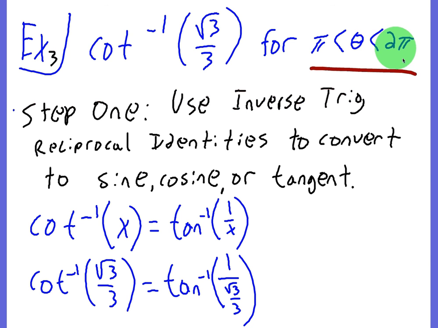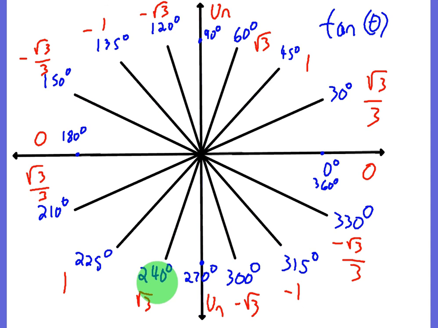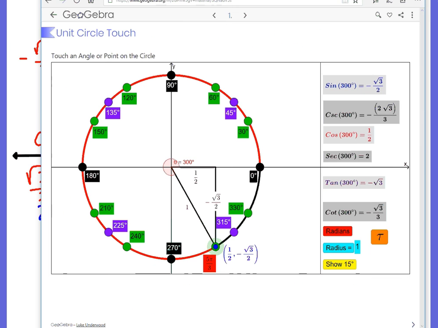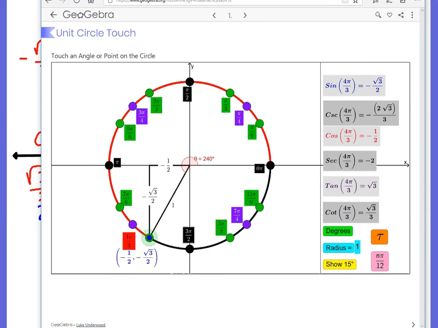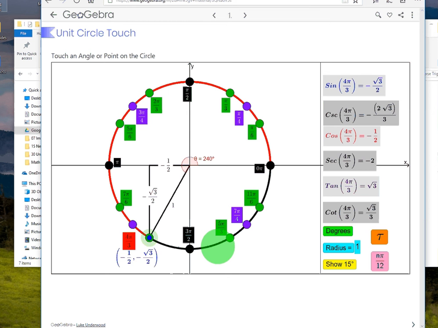So we're asking between pi and 2 pi. So between pi and 2 pi is going to be down here in the second and third quadrant. So technically, we're just worried about that angle. Going back to our unit circle and converting it to radians, that would be 4 pi over 3. So at 4 pi over 3, we know that tangent is square root of 3, which means cotangent would be square root of 3 over 3, and that answers our question.